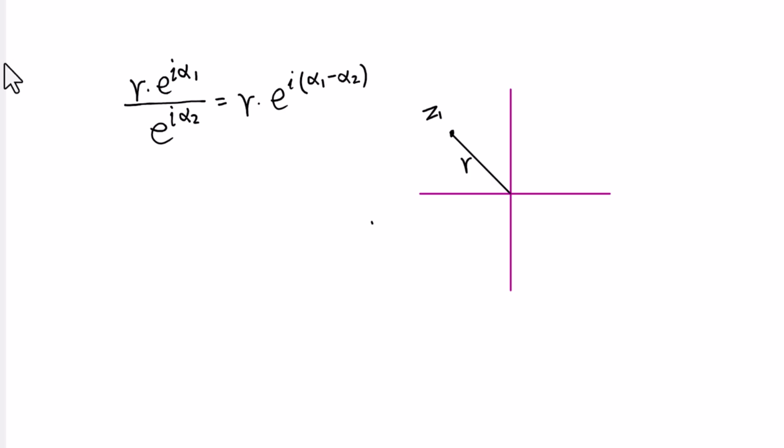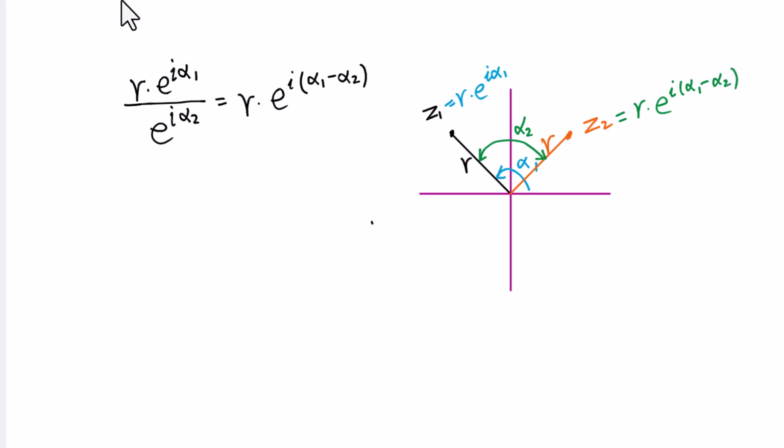Suppose this is z1, R times e to the power of i alpha 1. This is alpha 1. This is z2 with the modulus R. This angle is alpha 2. So this z2 equals R times e to the power of i (alpha 1 minus alpha 2).